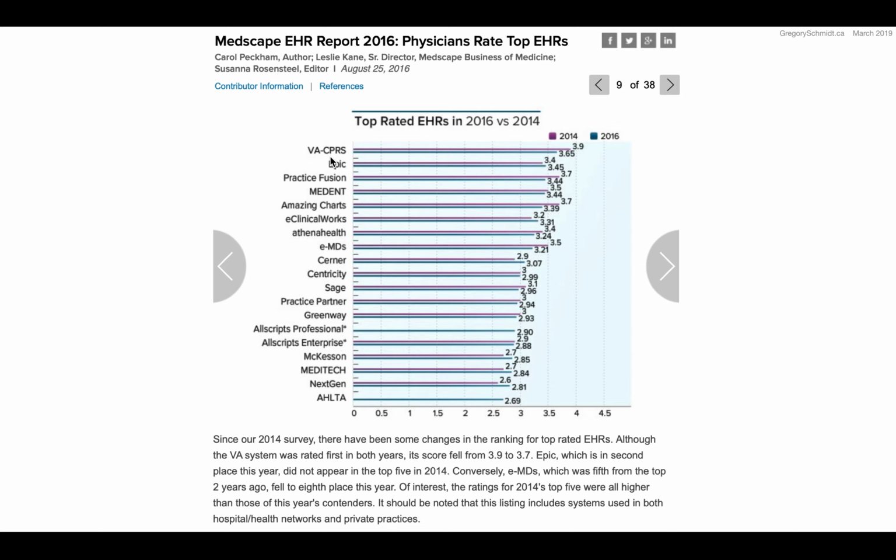And so yes, this is a homegrown government-funded system which is ranked by physicians as the top-rated. And as Medscape observes, it's also interesting to note that all the top 5 rated EHRs in 2016, in blue here, performed worse in satisfaction than they were 2 years previously in the survey in 2014.